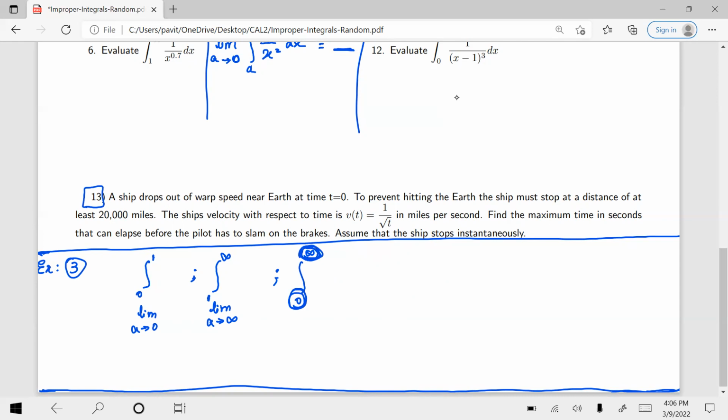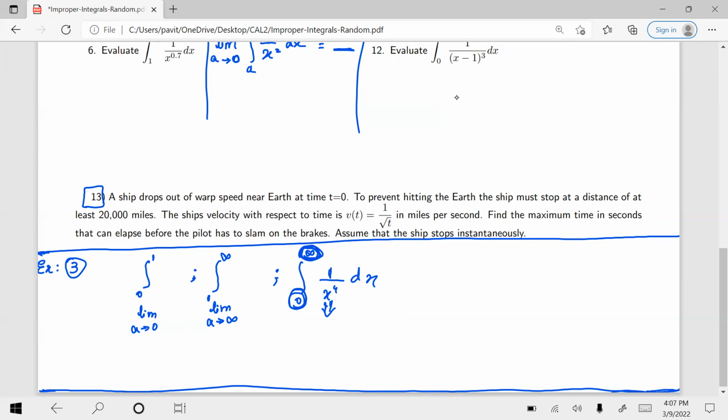Now, you can ask me one question. What if I have 1 divided by x to the power of 4 and I have 0 to infinity? Because when I plug in 1 over infinity, it will give me 0. But when I plug in 0 into the function, that will give me infinity, right? Now, these kinds of functions you can still simplify.